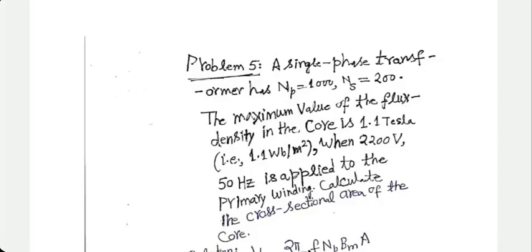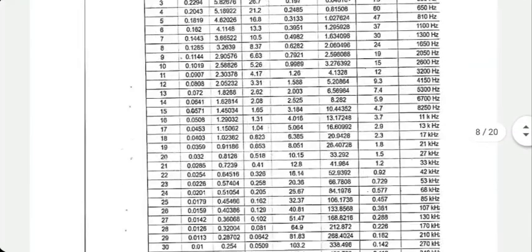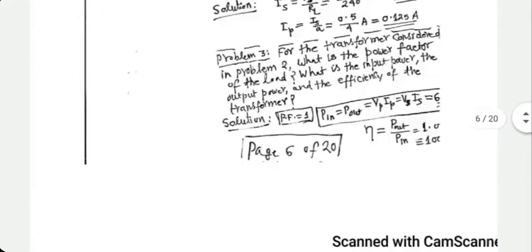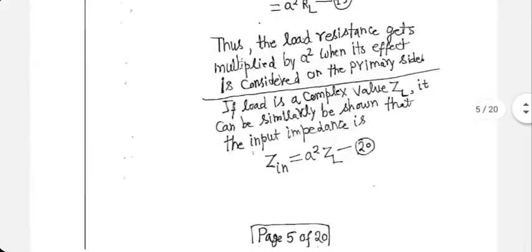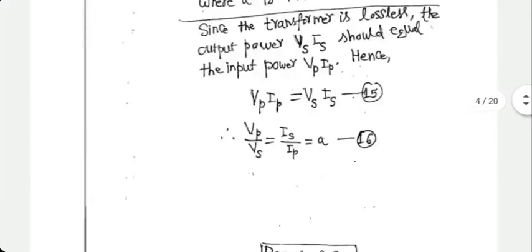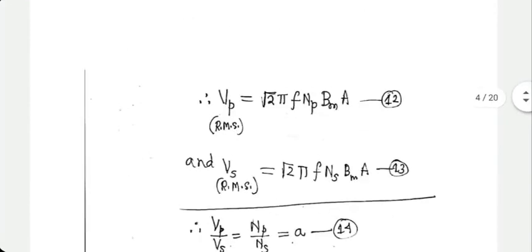Okay. Remember, we had done this equation. Let's go back to that equation first. This one. Vp equal to square root of 2 multiplied by pi multiplied by f multiplied by NP multiplied by BM multiplied by A. You are given everything except capital A in that problem.